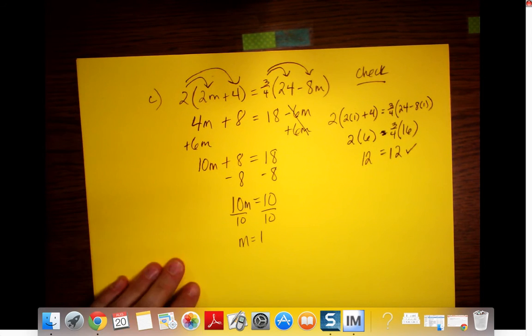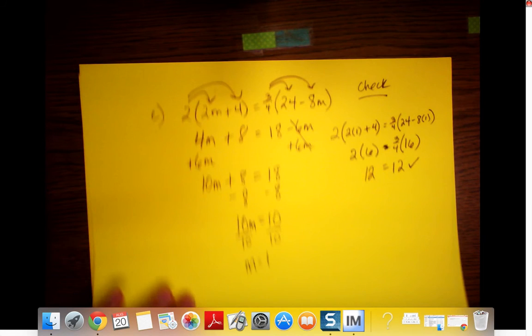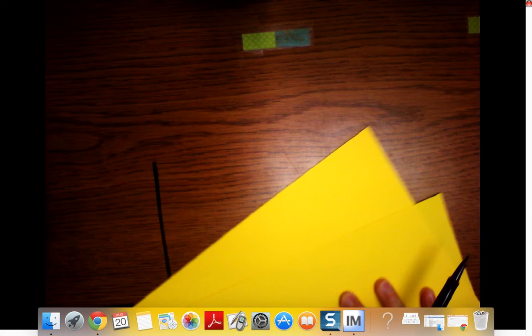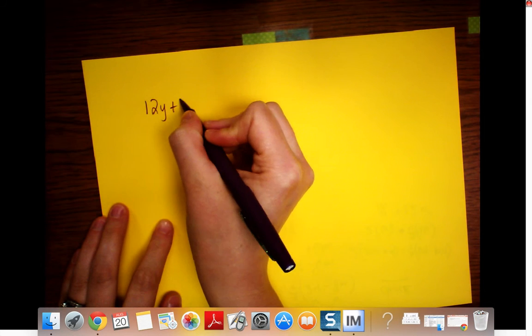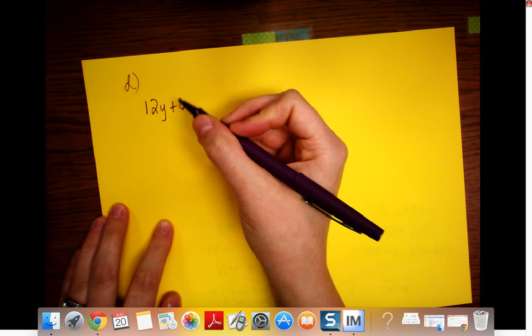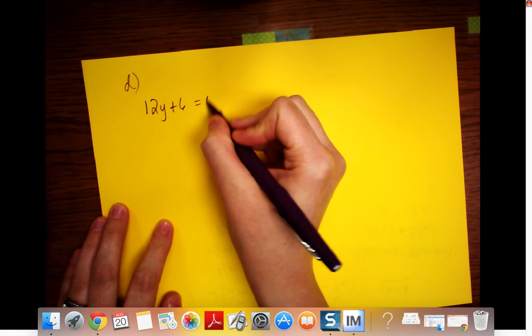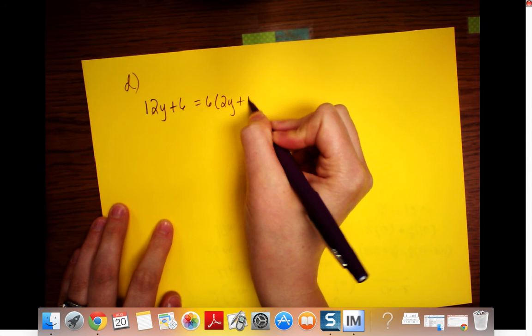All right, I'm going to do a few where we're stating if the equation has one solution, no solution, or infinitely many solutions. So I'm going to do 12y plus 6. This is D. Okay, 12y plus 6 equals 6 times (2y plus 1).